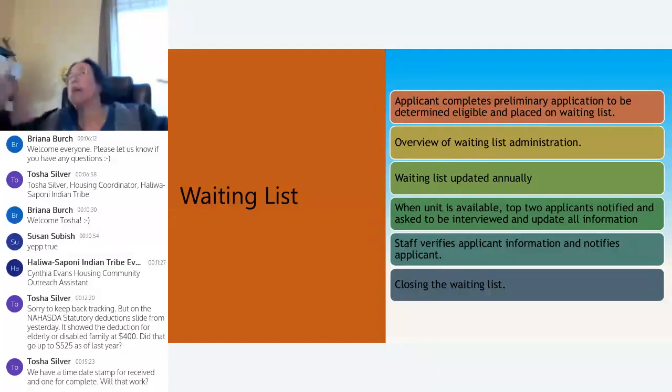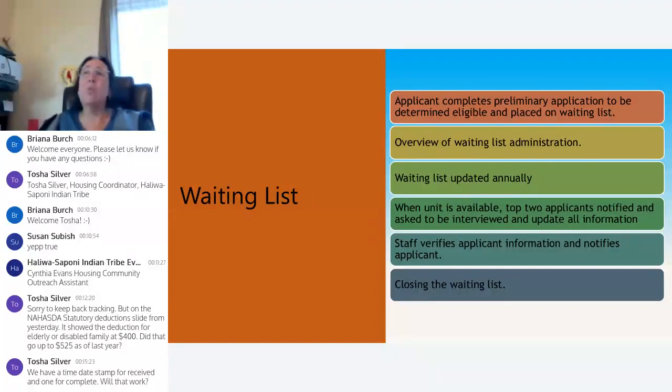That's what they're going to check forever and ever about that file. So that's one of the things you're doing at that point. And then you're extending that offer for that unit. Staff verifies the applicant information and notifies them that everything is good. You can do that in person, or however works best for you. And that's what you do.